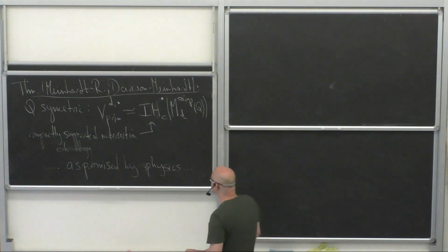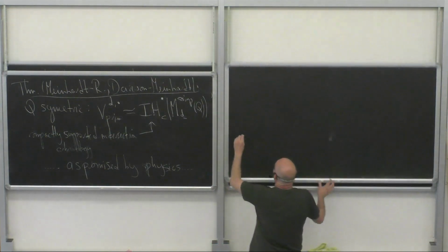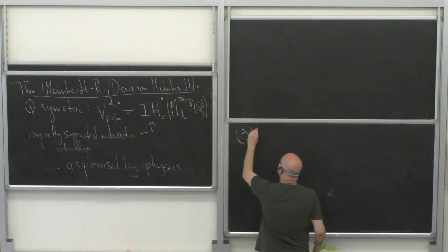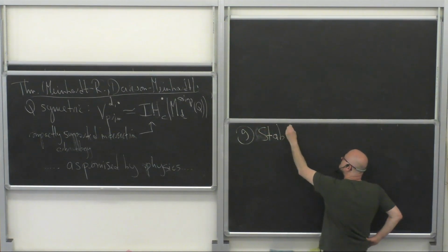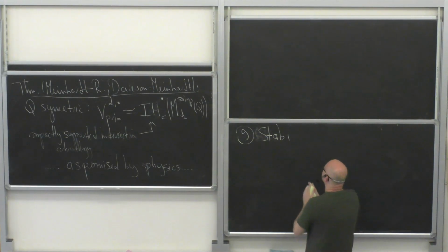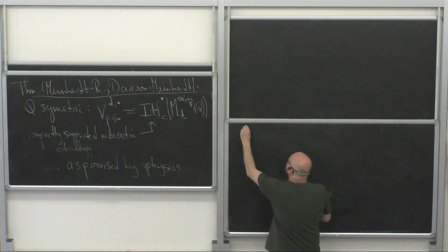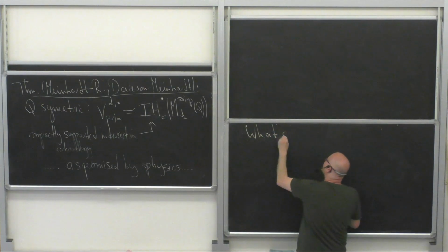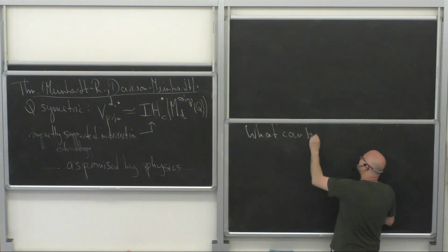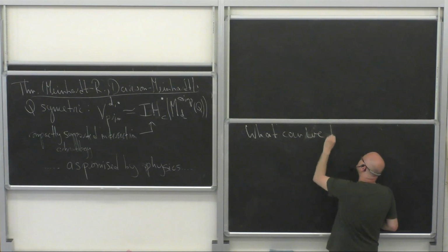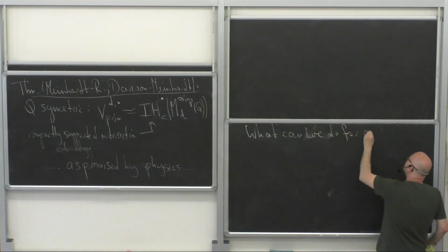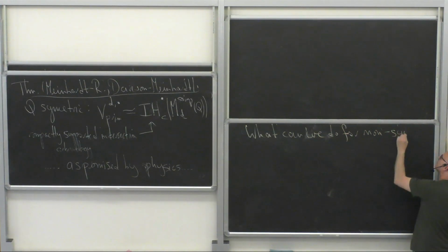Part 9. Stability and wall crossing. Final motivating question: what can we do for non-symmetric Q?